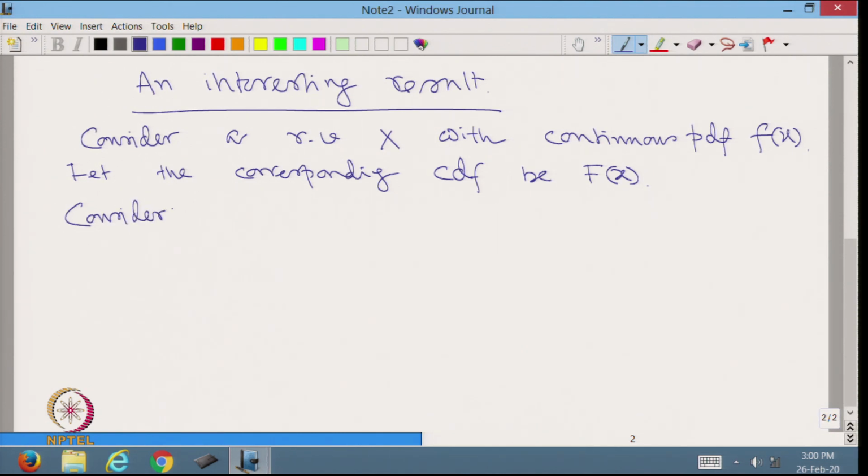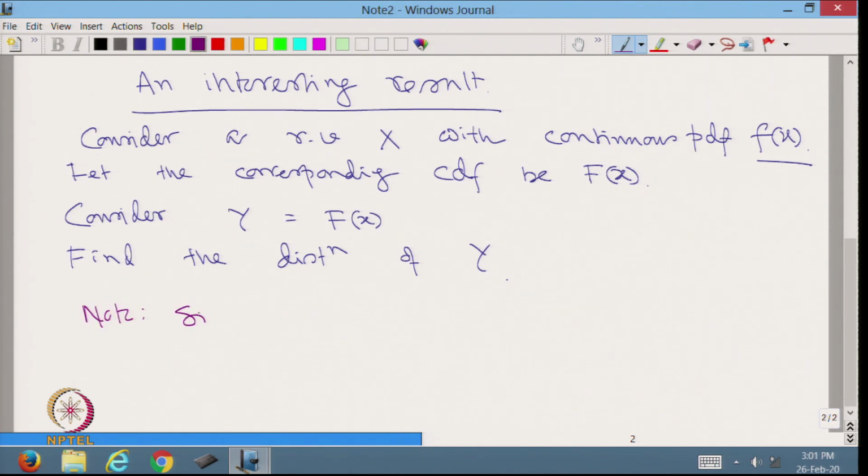Consider y is equal to F x, find the distribution of y. So, that is a very interesting question, because I am looking at any arbitrary continuous density random variable and y is equal to its cumulative distribution function.